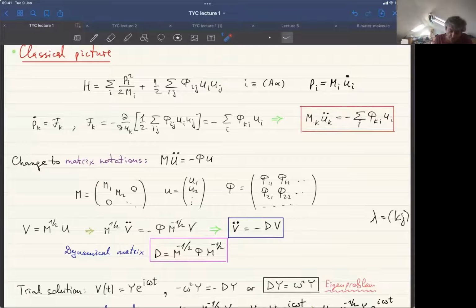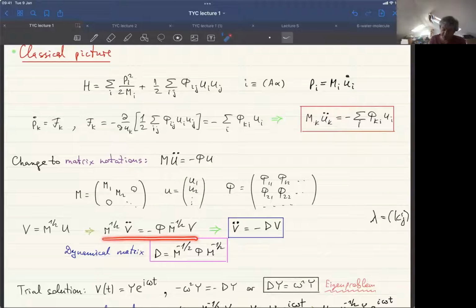Okay. So once I introduce that new notation, the idea of that notation is to get rid of this M in front of the second derivative. So that's our purpose. Once we introduce these notations, we replace u with v.